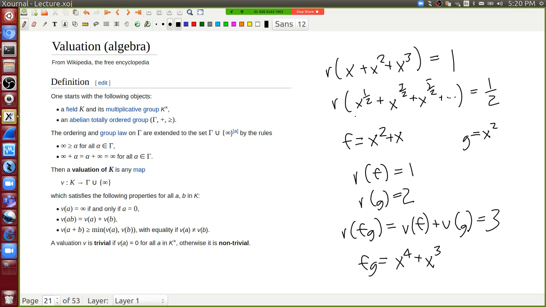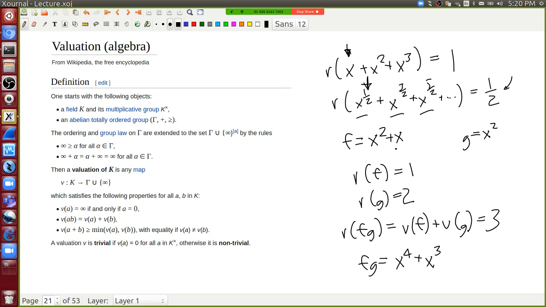Okay, so the valuation of x plus x squared plus x cubed is 1. Just looking at it, there's a power series. The lowest exponent is 1. Here's a power series, x to the 1/2 plus x to the 3/2 plus x to the 5/2 plus a bunch of other stuff. Its valuation is 1/2, again the lowest power in the power series. Take f equal to x, g equal to x squared.